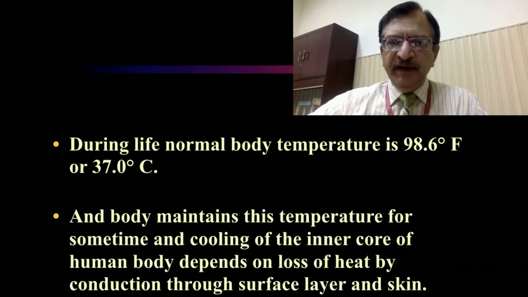The body maintains this temperature for some time, and cooling of the inner core of the human body depends upon the loss of heat by conduction through the surface on which it is lying. So initially the body maintains temperature. We'll discuss how the temperature is initially maintained when we move on.